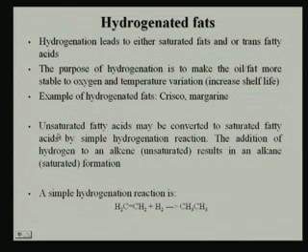Unsaturated fatty acid may be converted to saturated fatty acid by a simple hydrogenation reaction. By the addition of hydrogen, we know that alkene can be converted to alkane, and these types of reactions result in the hydrogenated fat, and dalda is one example of this hydrogenated product.